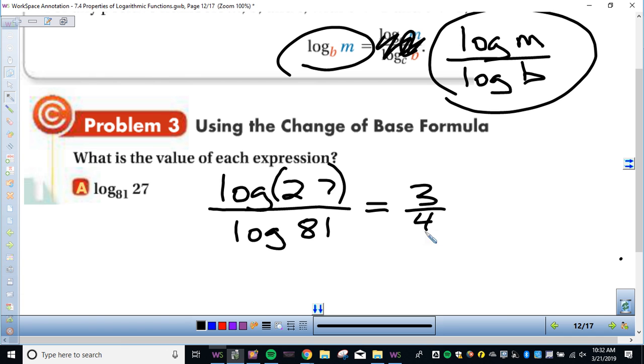Catalog just is a whole bunch of different buttons. You can't see it. They gave you 3/4 or 0.75? Cool. Okay. Wait, what does the log button look like?